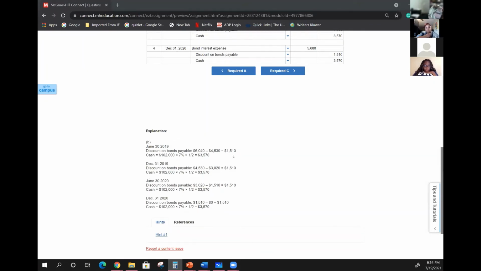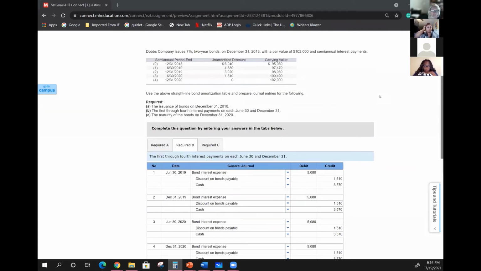You have to know to divide it in 2 to get it. So remember, we just went through the payment. It's going to be based on the face value. You have to know that number, and it's not showing you in this table. So you want to do the 102 times the 7% to calculate out what the interest is. Remember to divide it by 2 because you're going to have 2 payments for the year. That's where the 3570 comes from.